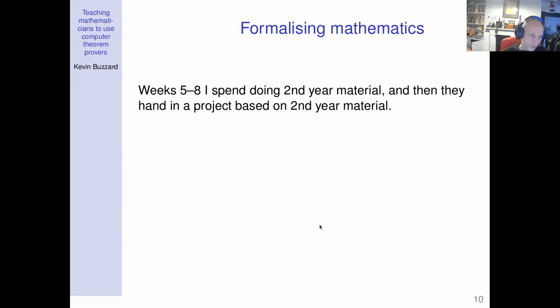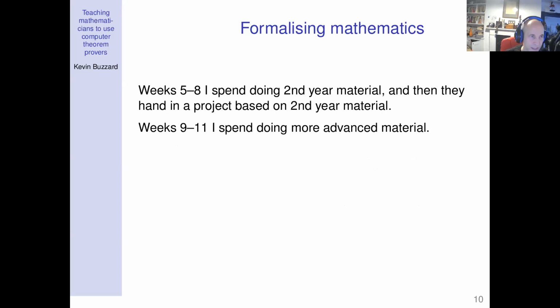Second project, they have to formalize something they learned in their second year. And then the idea is that by weeks 9 to 11 they're supposed to actually know how to use the system, so that they can feel more confident doing mathematics which they've only just recently learned, and perhaps learning more about the mathematics which they supposedly know already when they start teaching it to the computer, and the computer starts raising objections that they hadn't spotted.